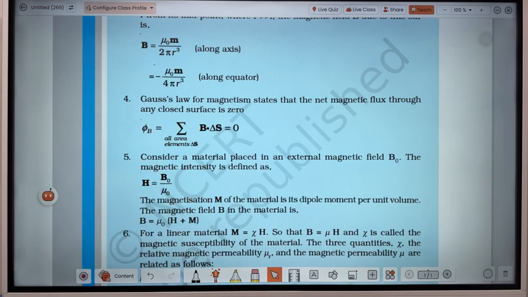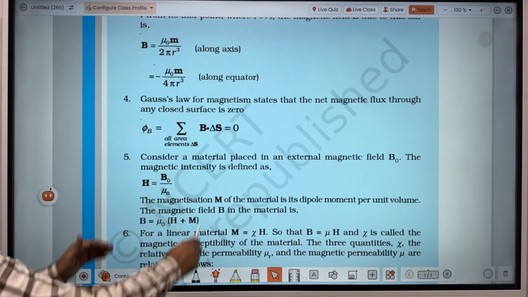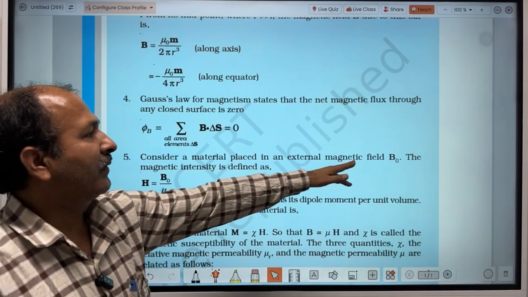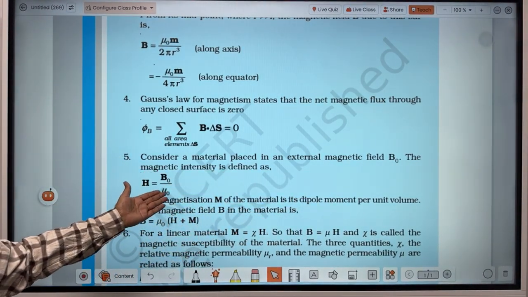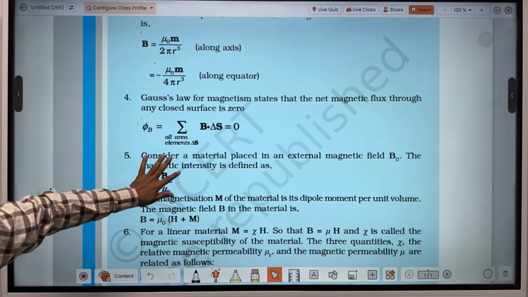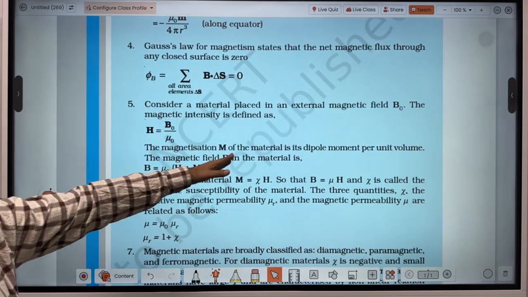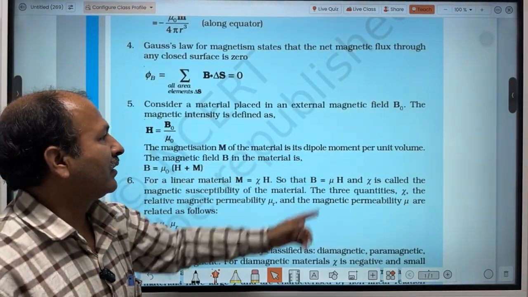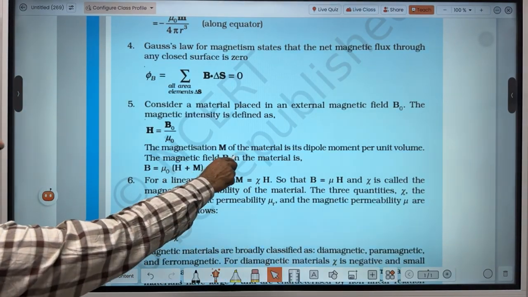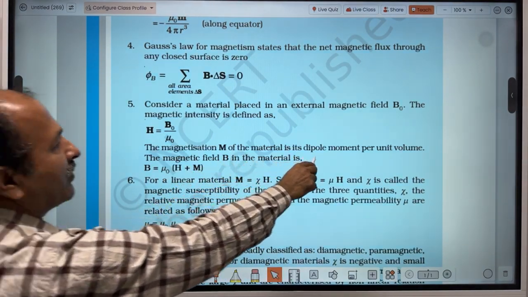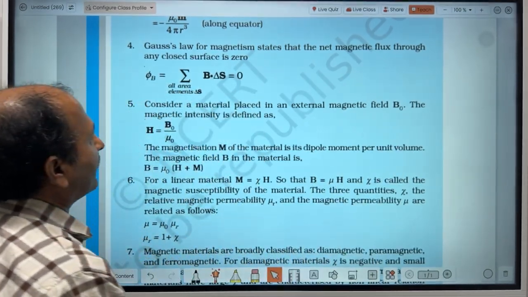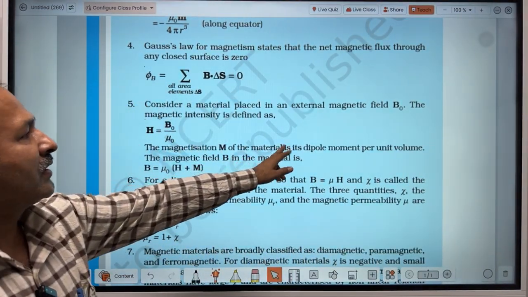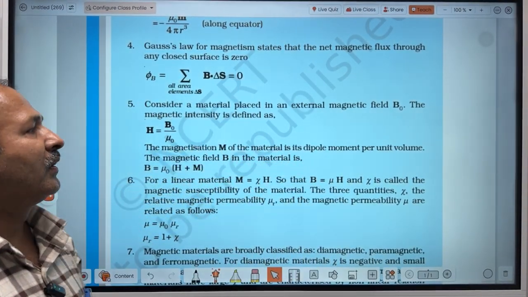Correct. Then comes, consider a material placed in an external magnetic field B0. The magnetic intensity is defined by B0 divided by mu naught. Then the magnetization M of the material is defined by magnetic moment per unit volume, right? M of the material is its dipole moment per unit volume.